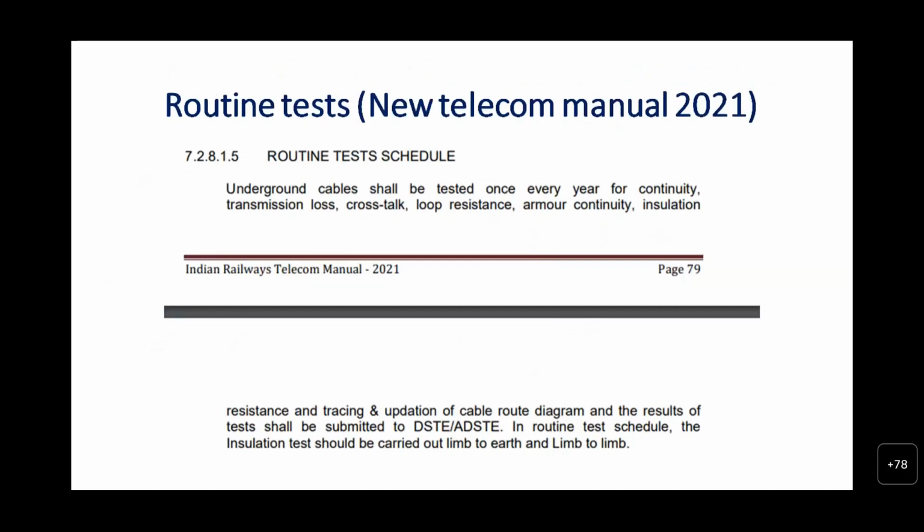Underground cable shall be tested once every year for continuity, transmission loss, crosstalk, loop resistance, armor continuity, insulation resistance, and tracing and updation of the cable route diagrams, and results of the test shall be submitted to the DSTE or ASTE sectional officer. This is the new guideline given in the new Telecom Manual.